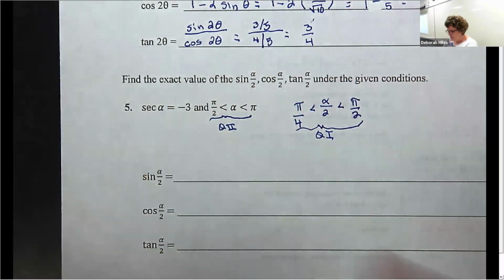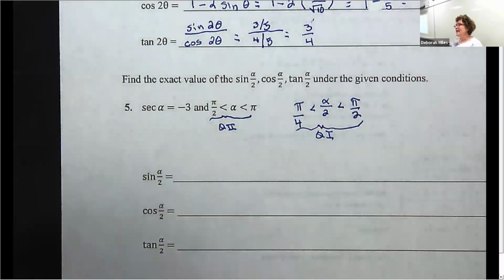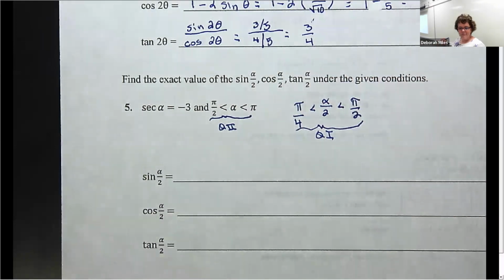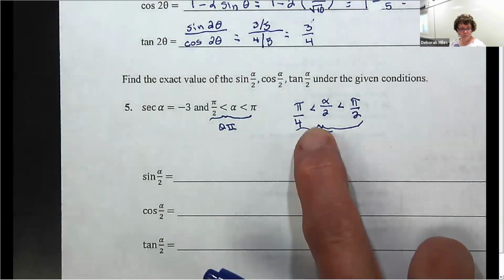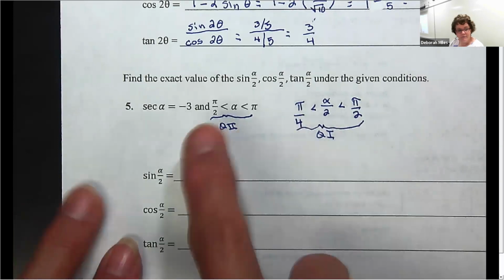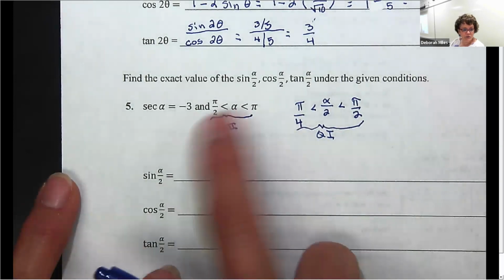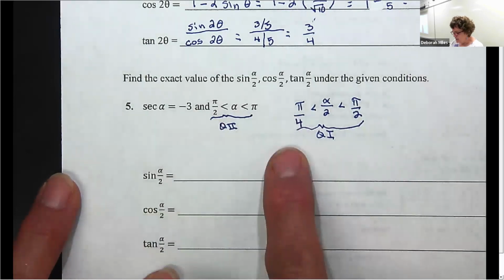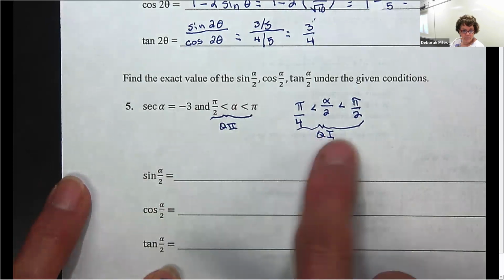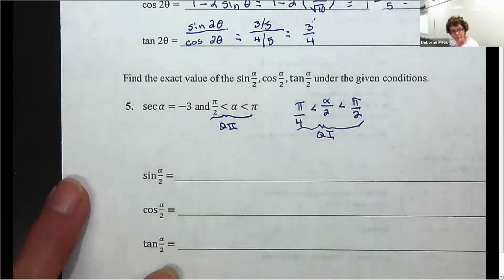Now, you always need to solve this inequality. You can't just assume if alpha is in quadrant 4 that alpha over 2 is going to be in quadrant 2. That's not always true. So make sure when you're given the parameters for alpha, you divide all three sides by 2 to get the restrictions on alpha over 2.